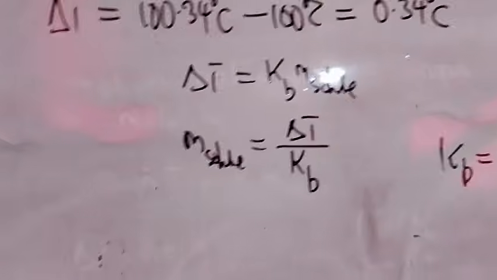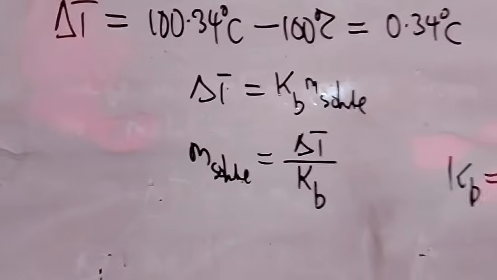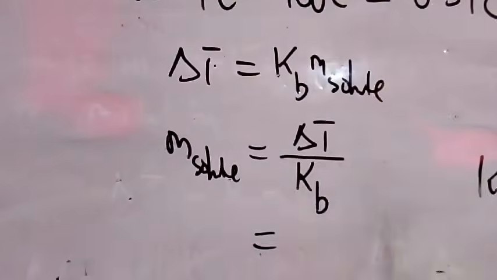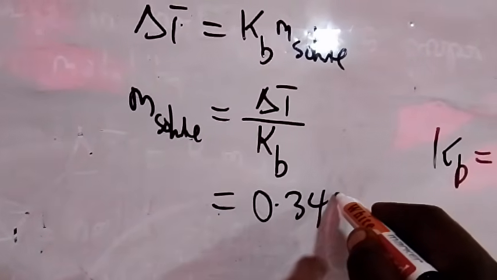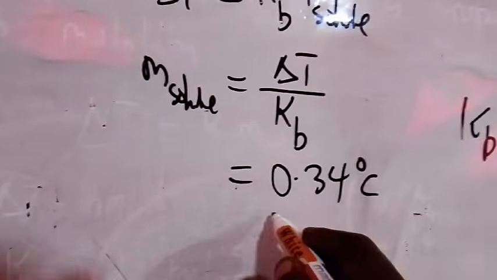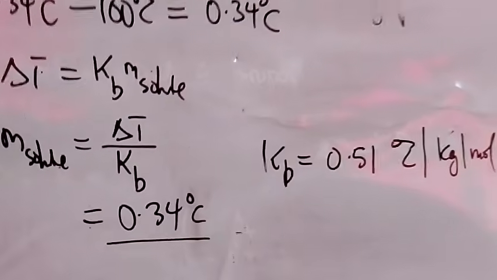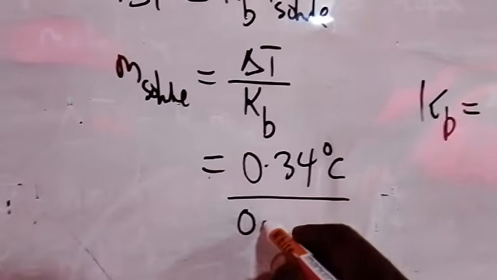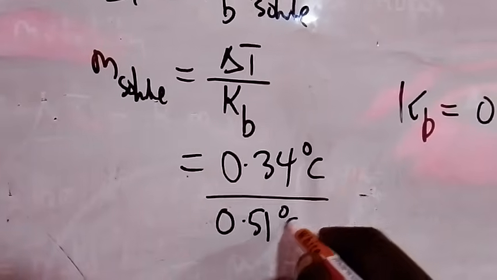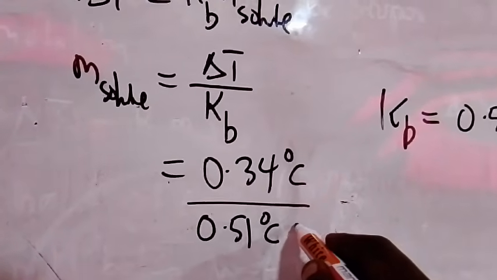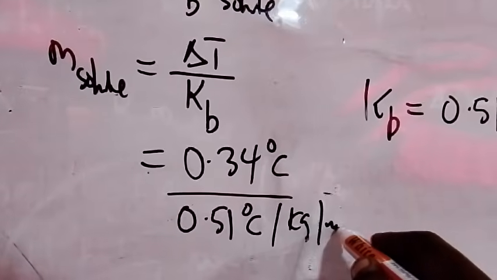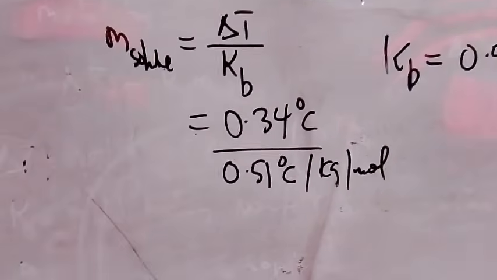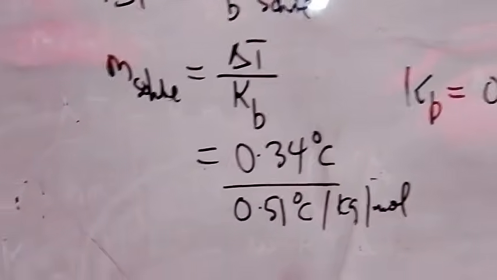So we now substitute: 0.34 degrees Celsius over Kb, 0.51 degrees Celsius kg per mole.